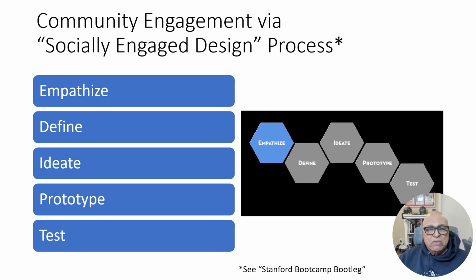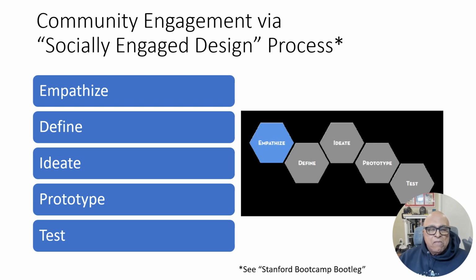Once we've settled upon a problem to solve, we need to generate ideas about how we might solve that problem, the best way to solve that problem in terms of a business opportunity. We do that through a brainstorming process that we often call ideation.